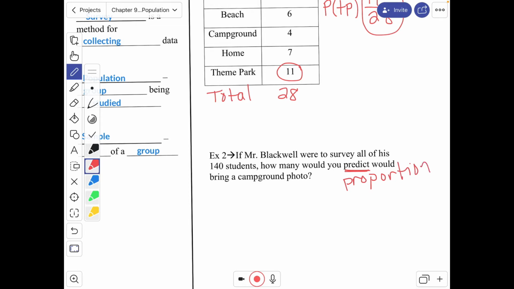And a proportion is two fractions equal to each other. So first we start with the probability of what they were looking for, which was a campground. And the probability of a campground is 4 out of 28. So that's my first fraction.